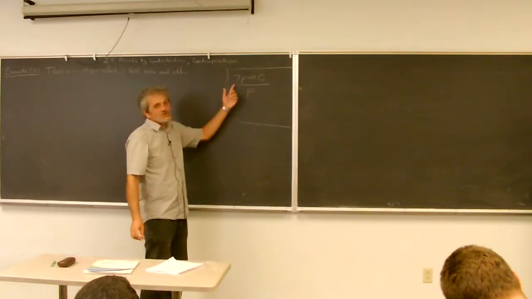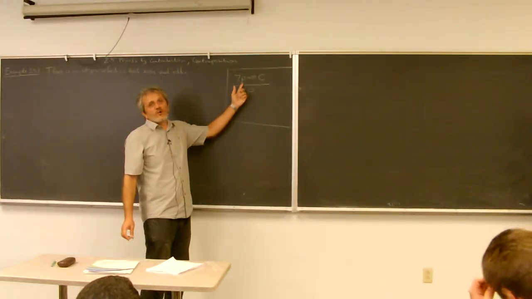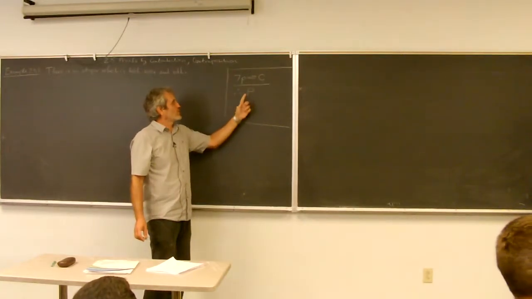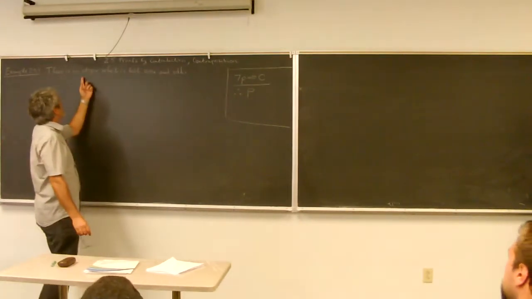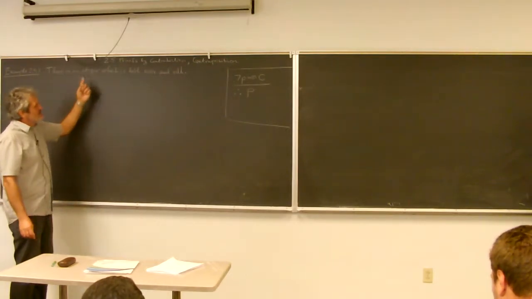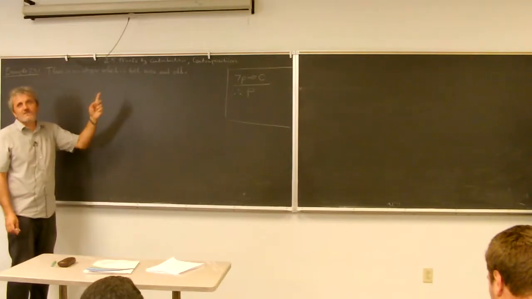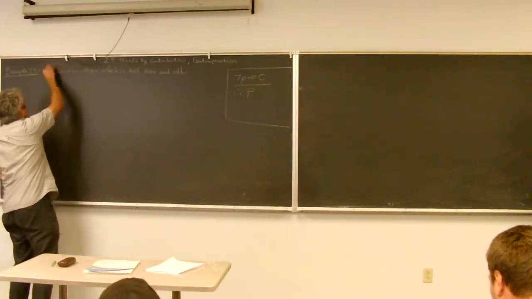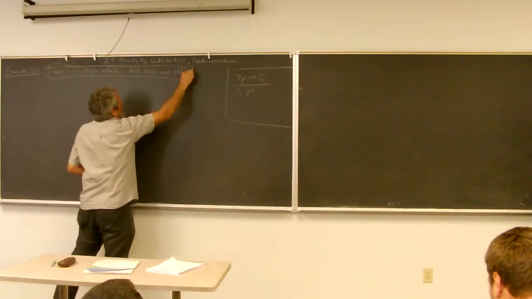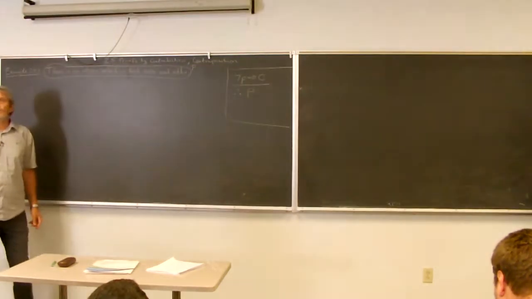Generally, whenever you use this method, you recognize who your P is, and I will illustrate it with this example from the notes. It says, there is no integer which is both even and odd. That will be my P. But instead of proving P, what will I assume?